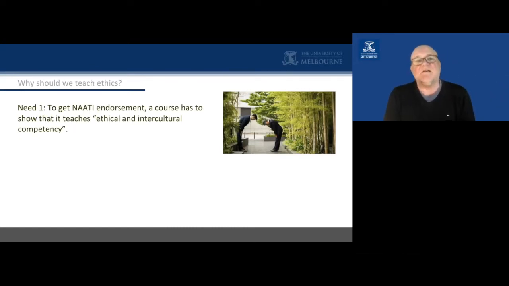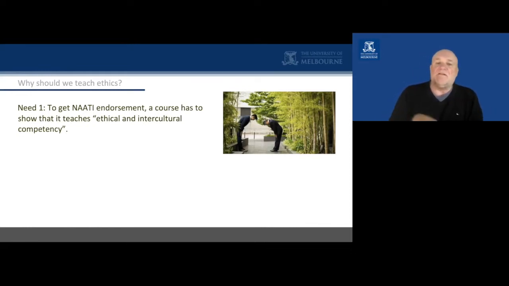Needs analysis. In Australia, if you want to attract Australian students to a course in translation and interpreting, you need NAATI endorsement, just because it helps the students get the NAATI accreditation. I'm not too sure that helps with Chinese students, but anyway, it's still something that goes on the publicity.